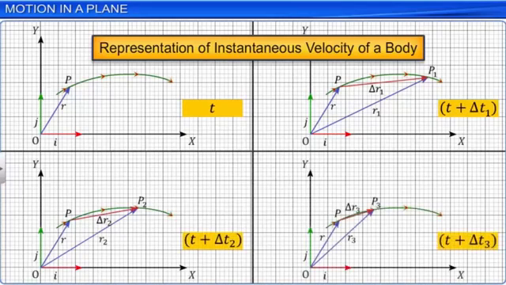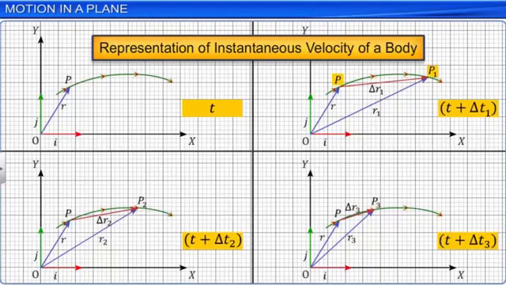The position vectors of these various points are: P is r, P1 is r1, P2 is r2, and P3 is r3. The displacement vectors with respect to point P are: at point P1, its displacement is delta r1.